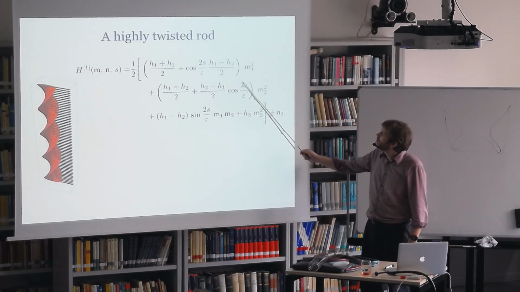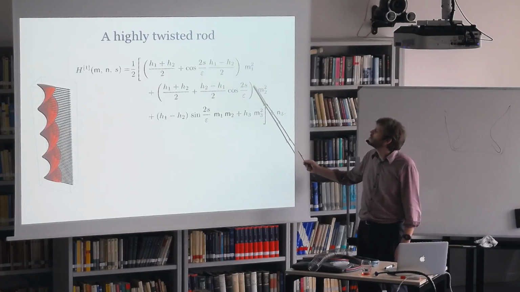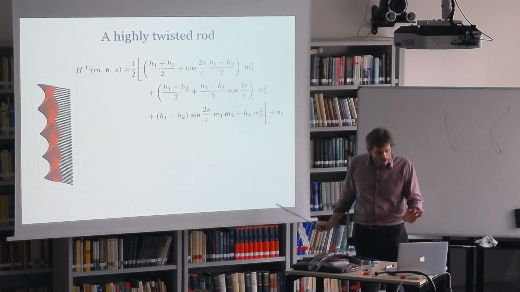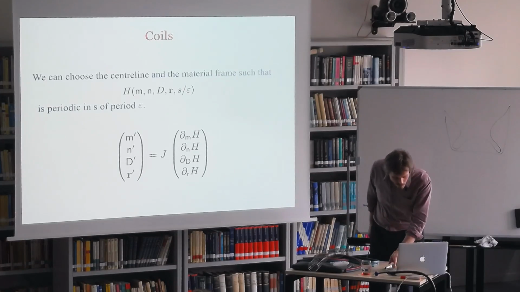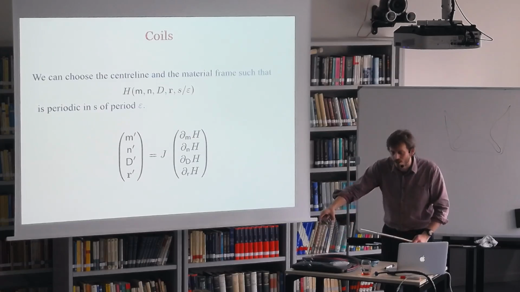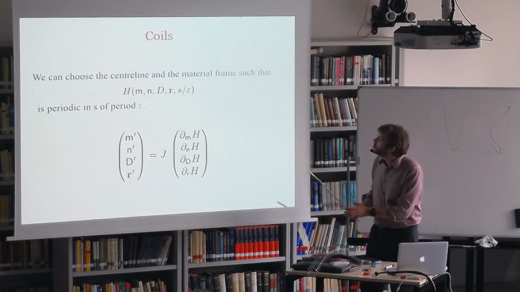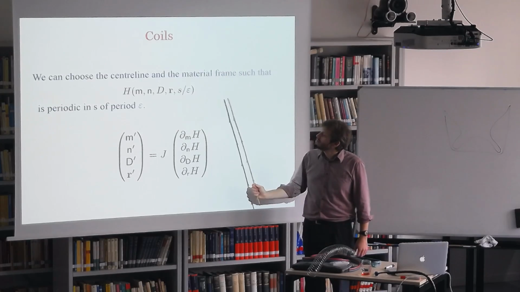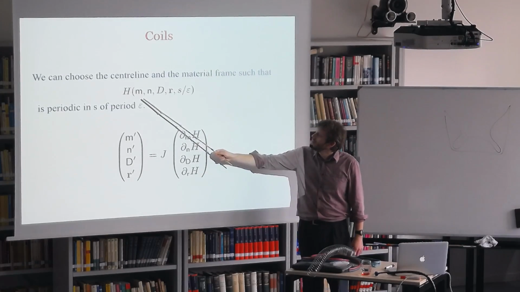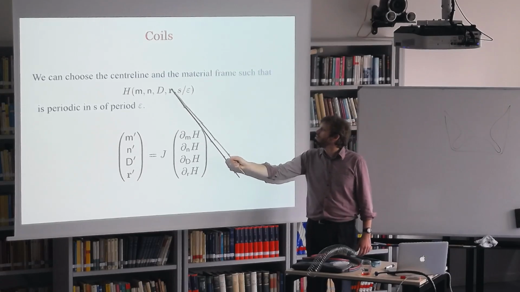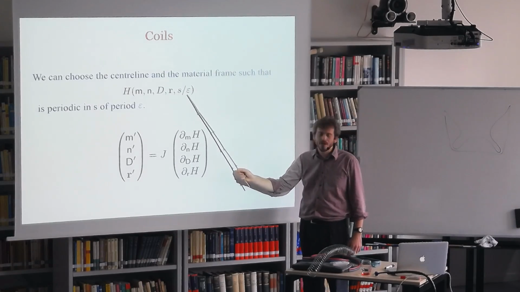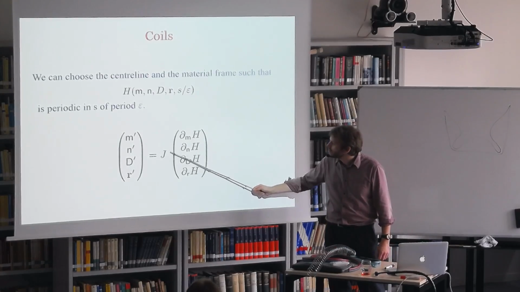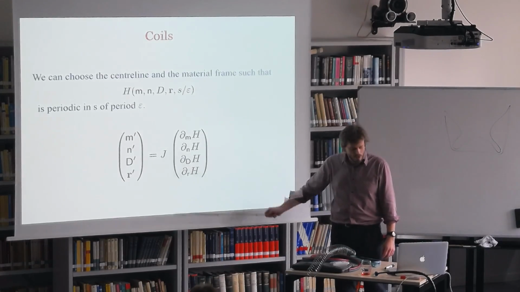The price I pay is that I have factors that explicitly depend on S, and that change quickly with S. Okay? But all of the terms are now of order 1. And this is something that I can do for this case as well. It's just a little bit more complicated. But in general, you can bring back any sort of coil to a Hamiltonian where all terms are of order 1 or smaller, and it depends on M, N, D, and R for external loads, and a quick explicit dependence on S. And then it's going to have this shape with the important J that is the right one for Kirchhoff theory.